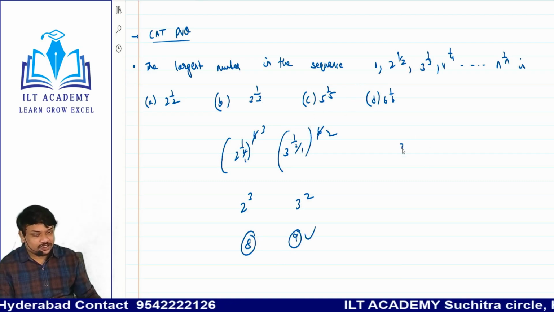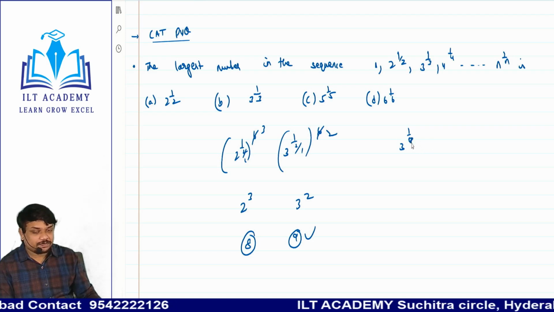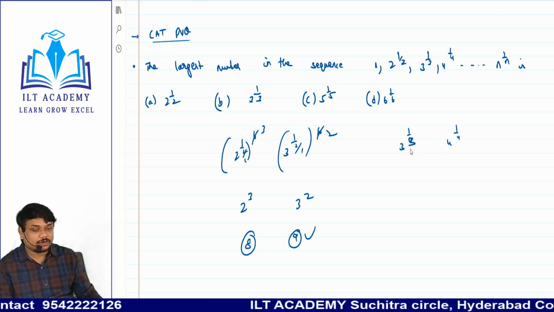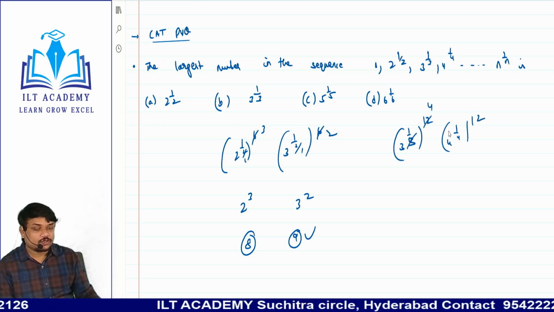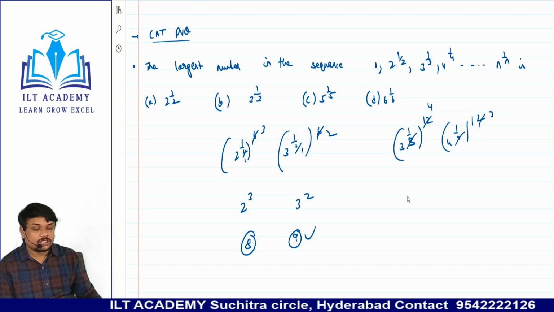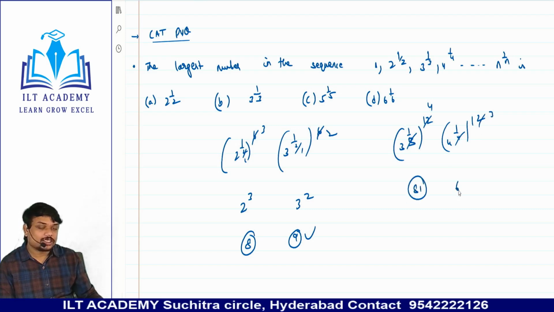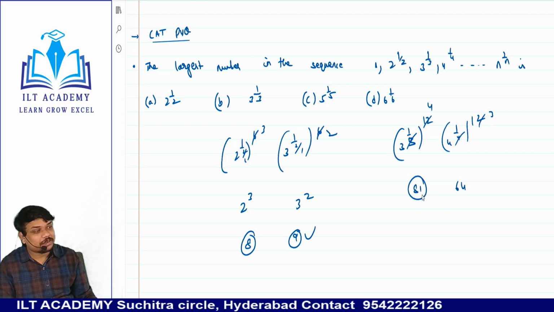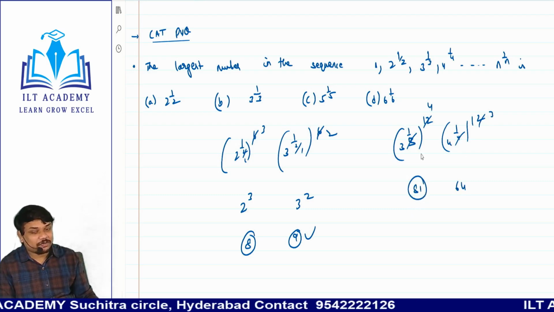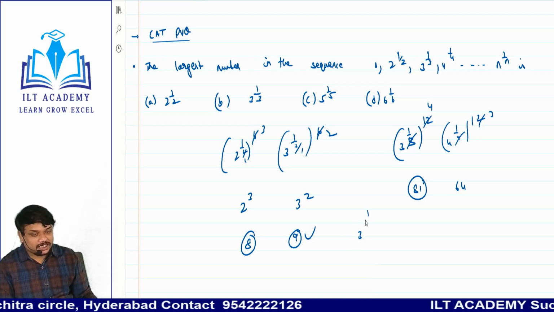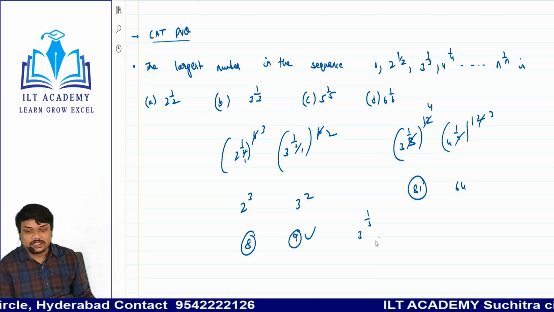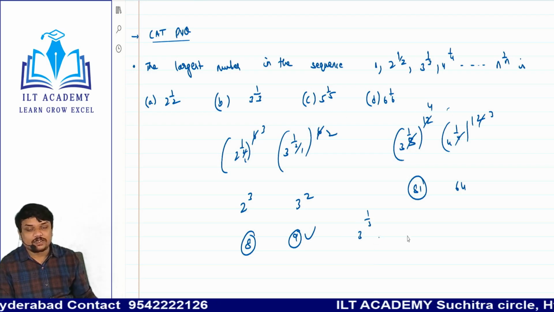Now we will see 3 power 1 by 3 and 4 power 1 by 4. We can take 12. 3 power 4 is 81, 4 cube is 64. Which one is greater now? 3 power 1 by 3. Next is 3 power 1 by 3 and 5 power 1 by 5.